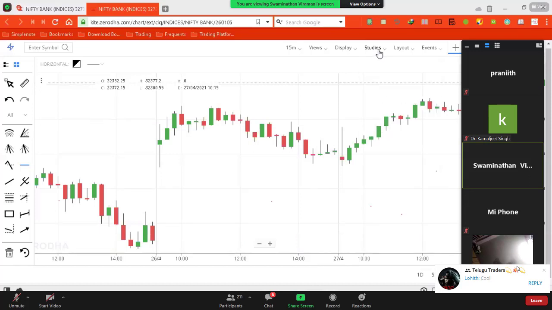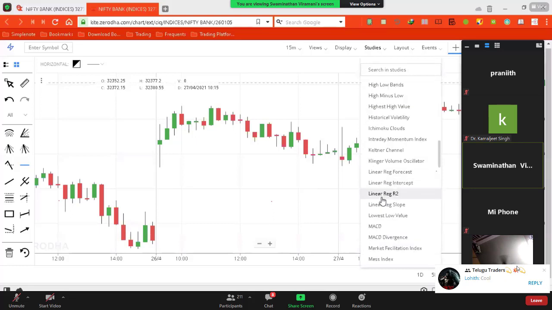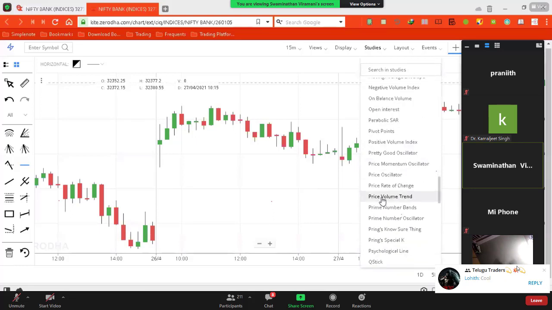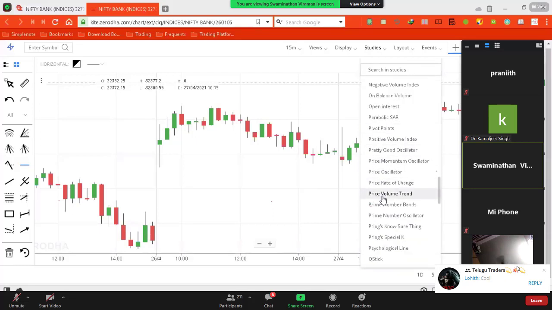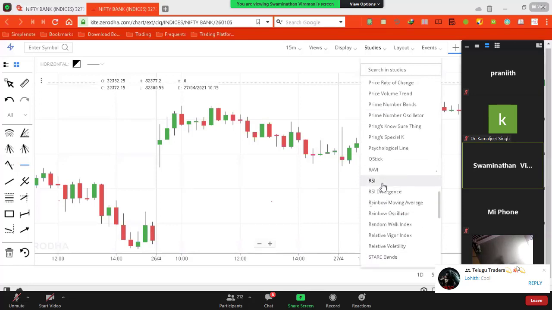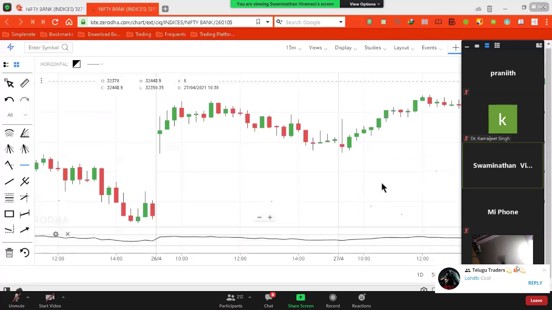Let us say RSI. RSI is one of the indicators used by most people as a king of indicators. I also used to use them. I'm not against RSI, but I'm only against the fact that RSI does not give me a signal in time.